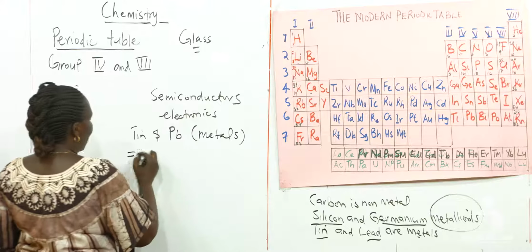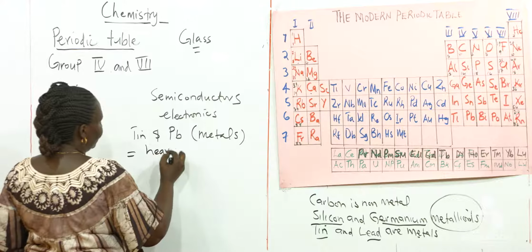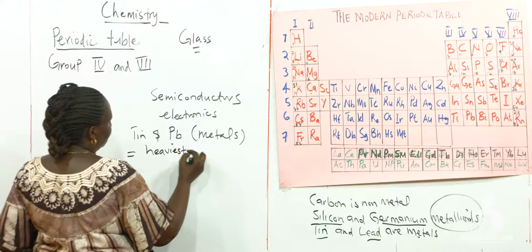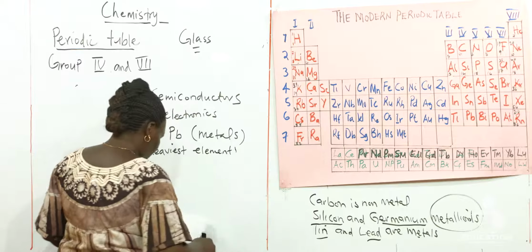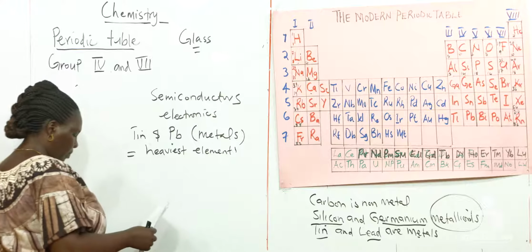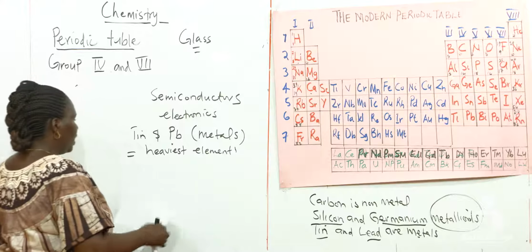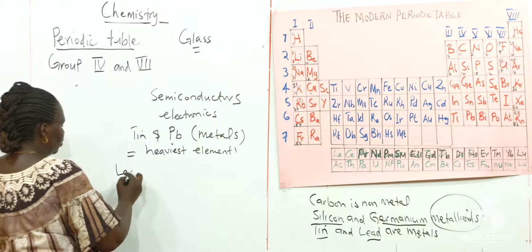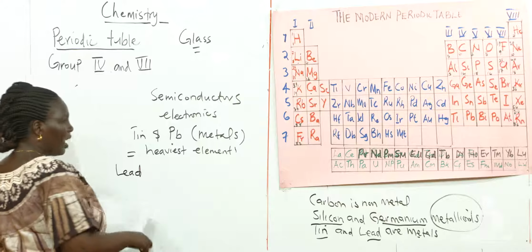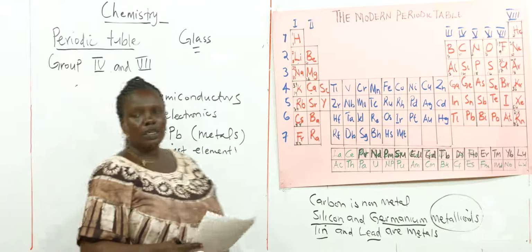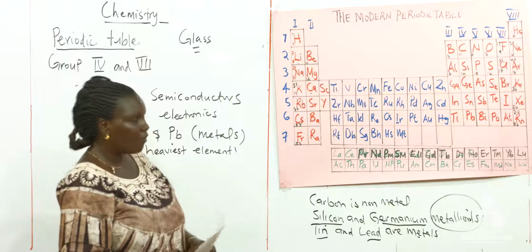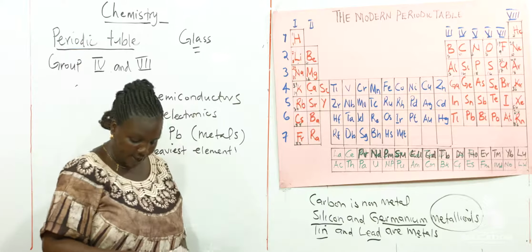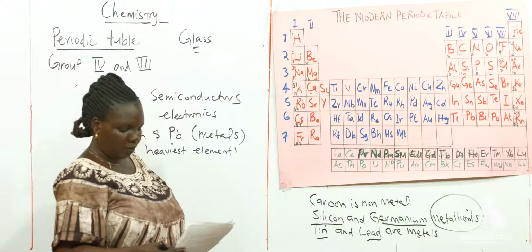They are one of the heaviest elements in this group. Lead is mostly used in making shields to cover up our body in the process of X-ray. Lead is used to shield the body from unwanted X-ray exposure.